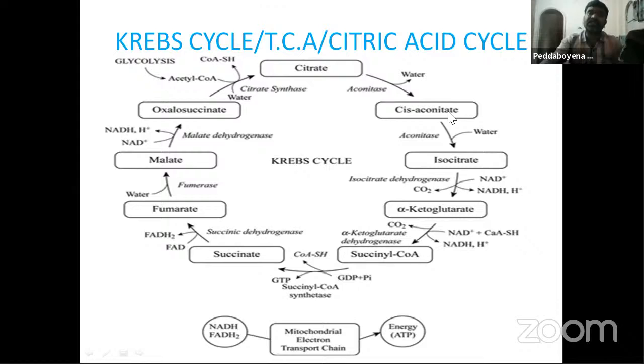Next, this cis-aconitic acid is converted into isocitrate. In this process, water is joined to cis-aconitic acid to form isocitrate, so this reaction is called hydration. Here you are observing isocitric acid, or isocitrate. In the oxidation reaction, you are observing NAD plus.